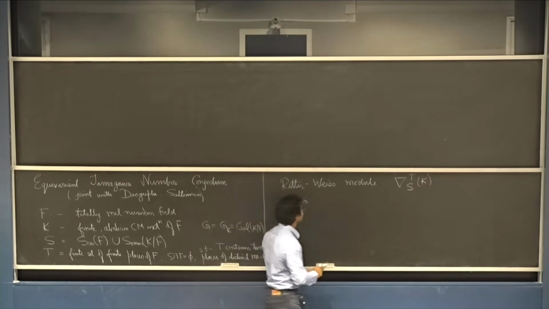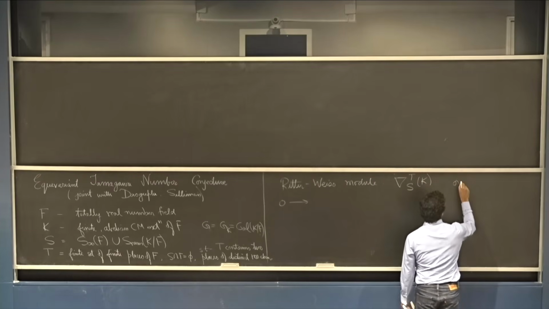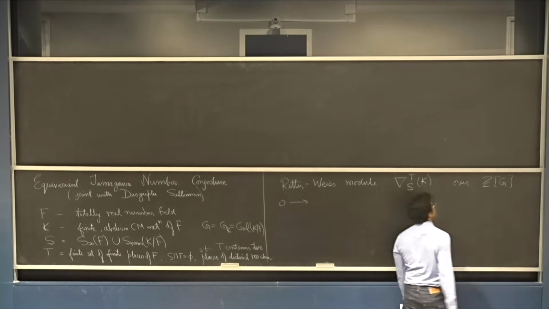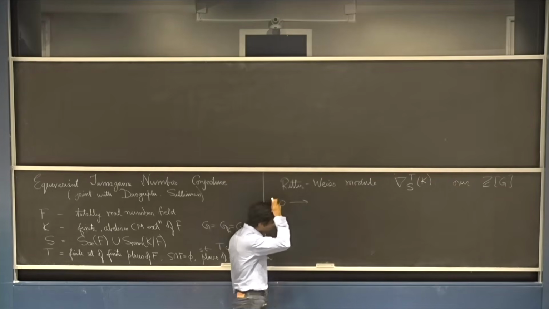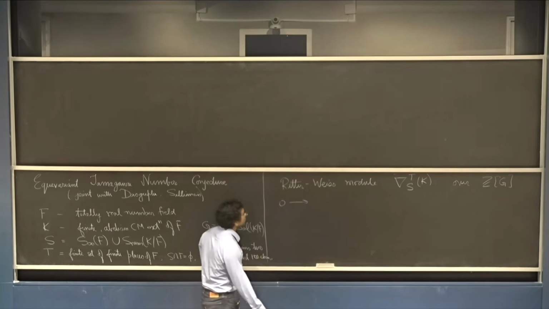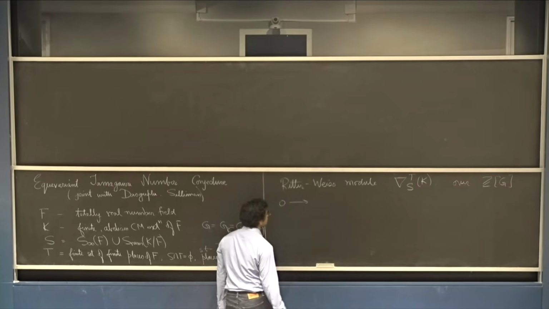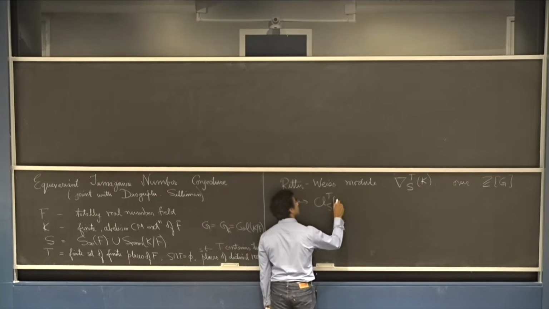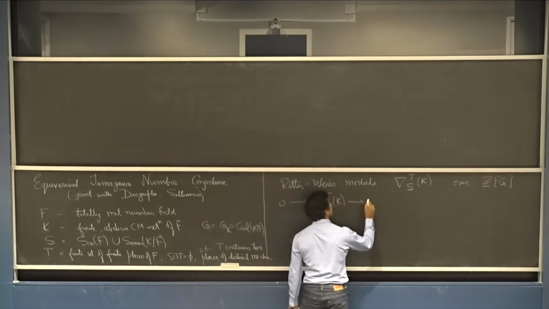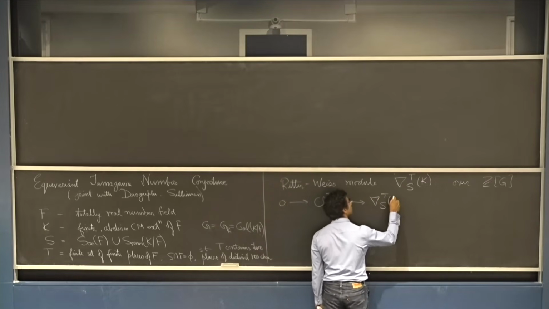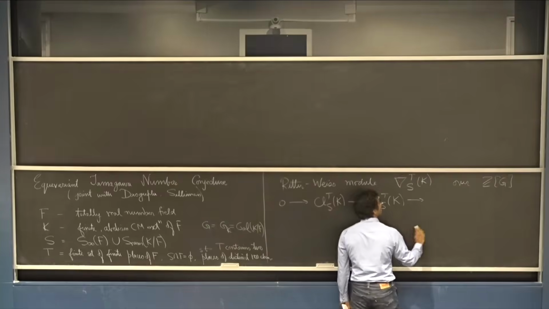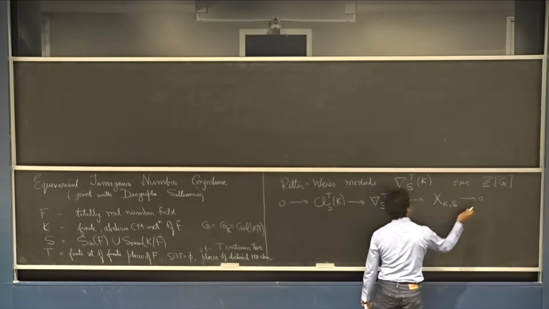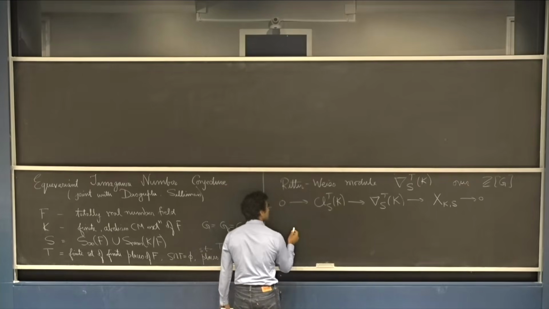It's a module over Z[G], a G-module. So these are the usual things, but let me write them down.